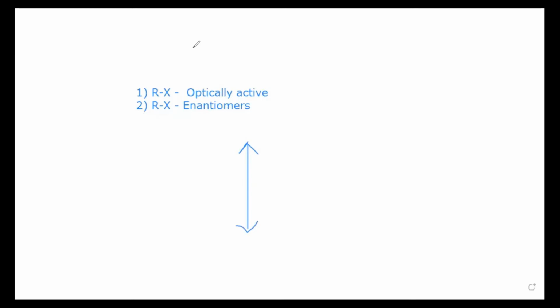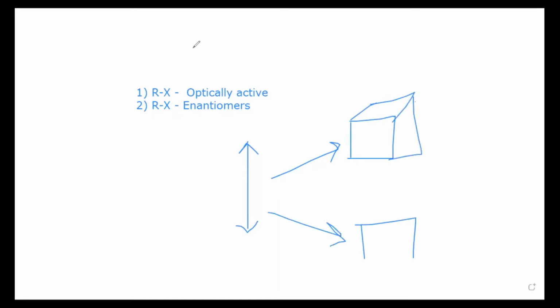Now I'm taking two compounds with the same molecular formula. I think you have a clear idea about isomerism. Isomerism is the concept where you have two or more compounds having the same molecular formula but different three-dimensional structure. And here in this case, their three-dimensional structure is also the same. The only difference is in terms of their optical activity.